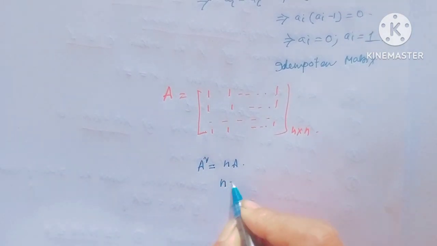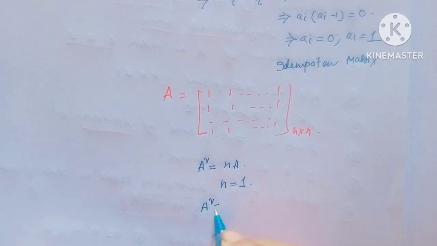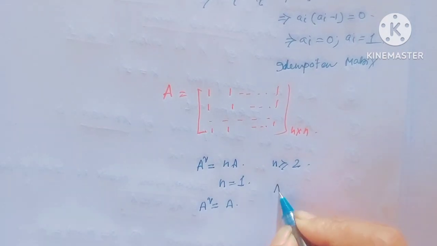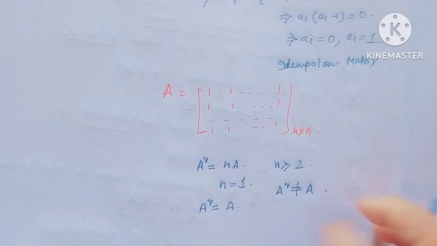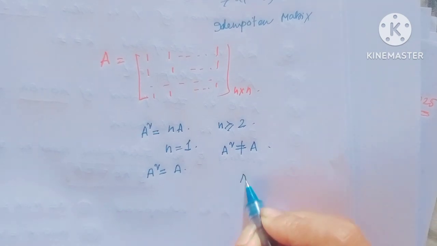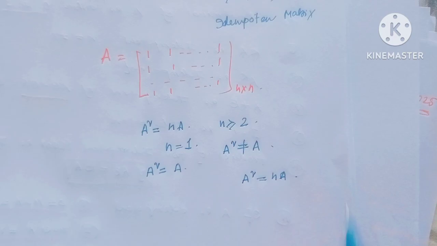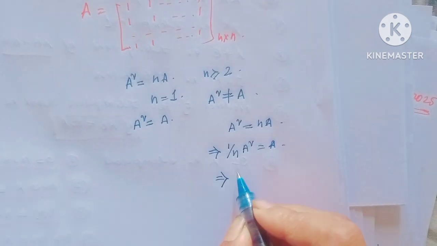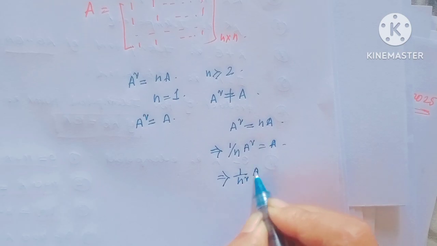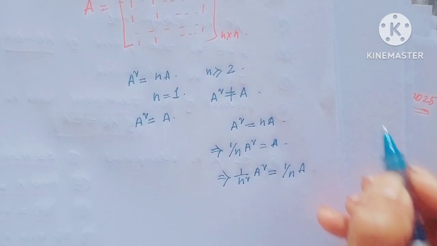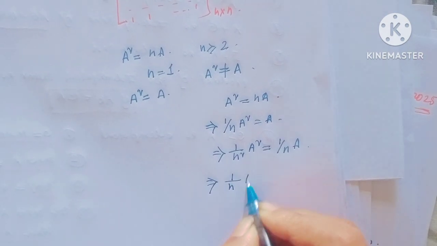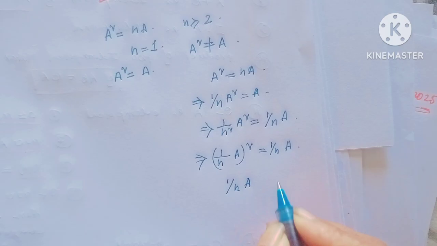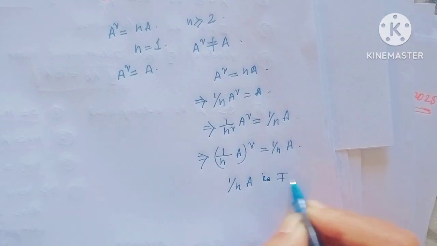When n equals 1, A square equals A, and when n is greater than or equal to 2, A square is not equal to A. If A square equals nA, that implies 1 over n A square equals A, that implies 1 over n square A square equals 1 over n A, and that implies (1 over n A) whole square equals 1 over n A. Therefore, a 1 over n A type matrix is always an idempotent matrix.